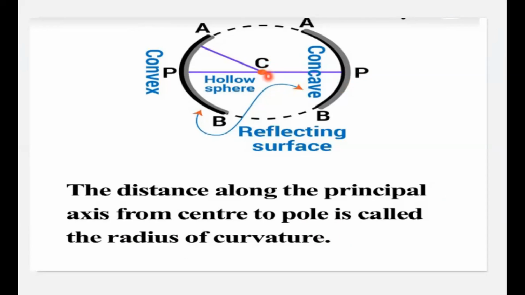And this distance is called the radius of the sphere. If you go anywhere on this imaginary sphere, the radius is always going to be the same. So the distance from the center to the pole, along the principal axis, is nothing but the radius of curvature.